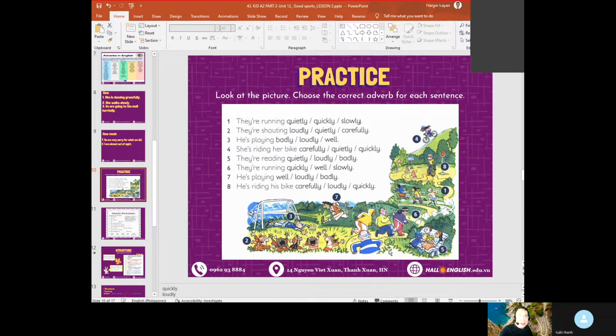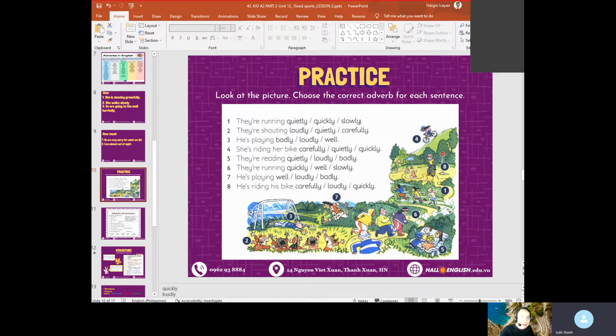Number seven, B. So picture number seven is here. This one. So he is playing well, loudly, or badly. Loudly.